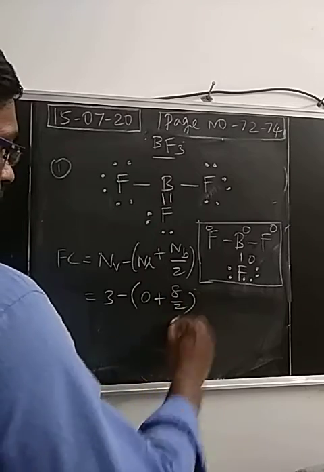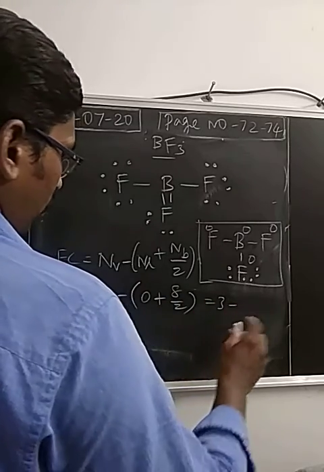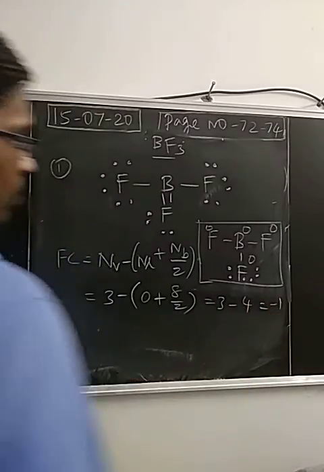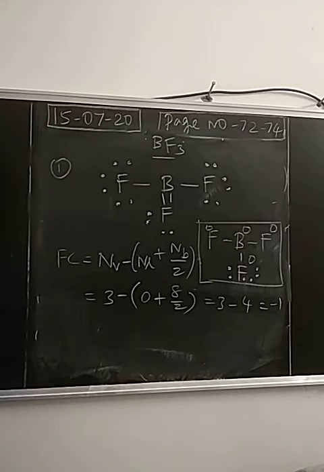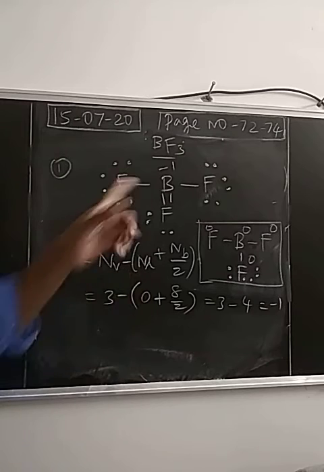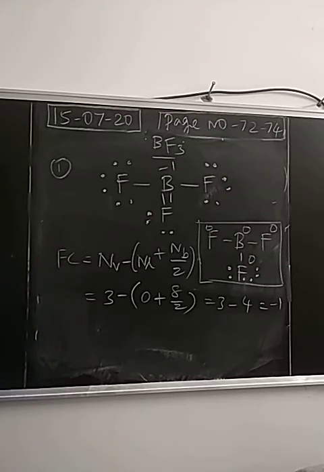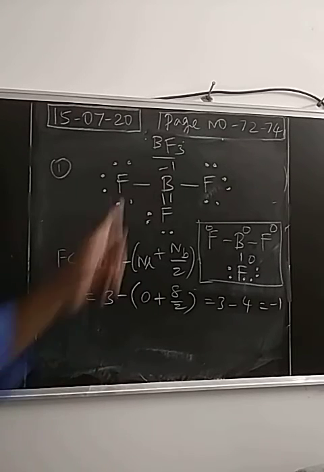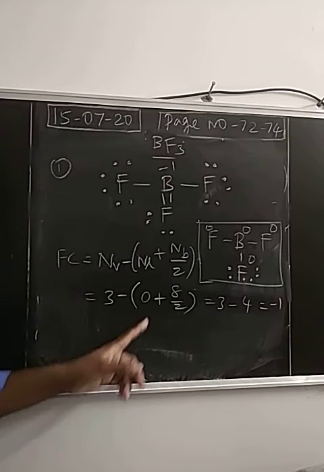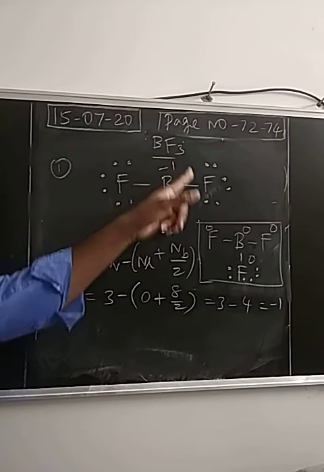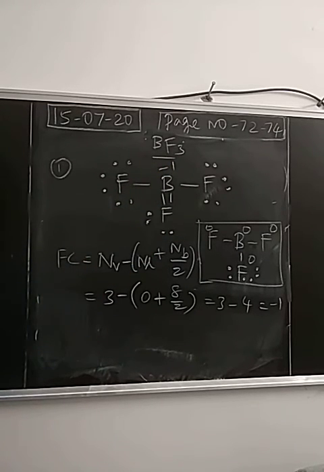So 8 by 2. Right? It does not have any lone pair of electrons, so the Nl value is 0. Totally 8 electrons are present around itself as 4 covalent bonds, so those 8 electrons present as bonded pair divided by 2. So 3 minus 4, minus 1.